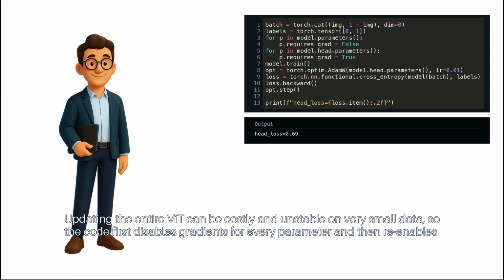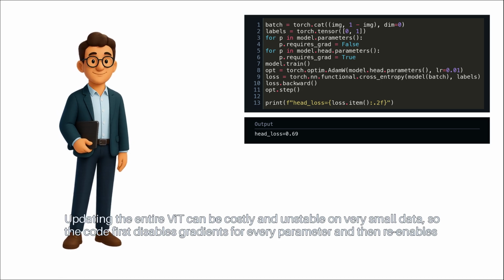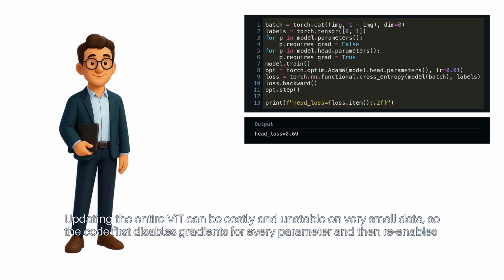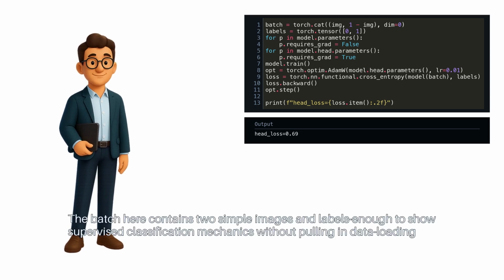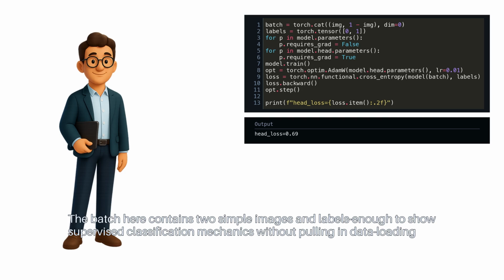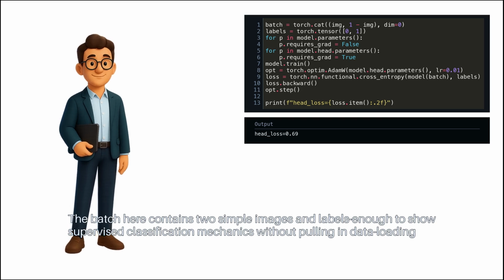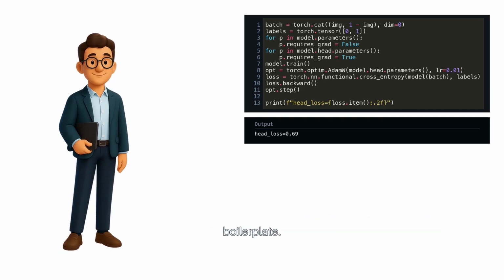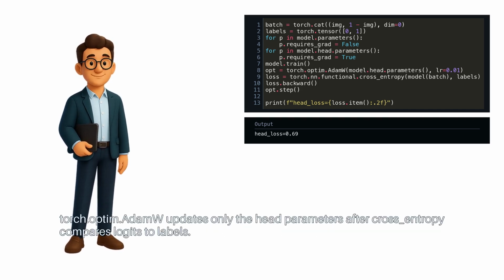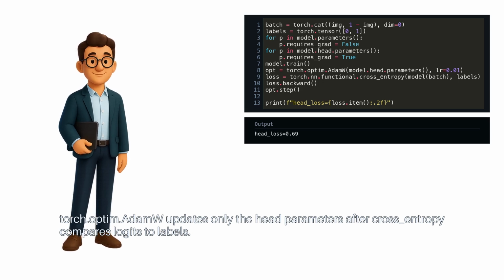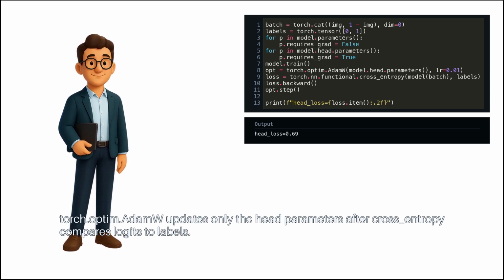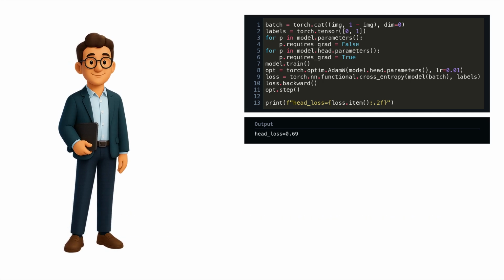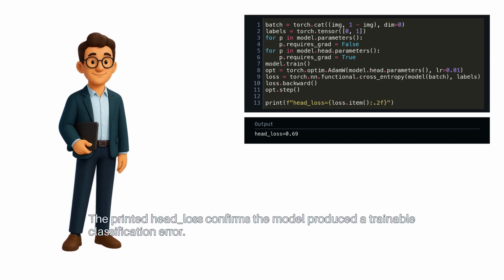So the code first disables gradients for every parameter and then re-enables only model.head. The batch here contains two simple images and labels, enough to show supervised classification mechanics without pulling in data loading boilerplate. torch.optim.AdamW updates only the head parameters after cross-entropy compares logits to labels. The printed head loss confirms the model produced a trainable classification error.